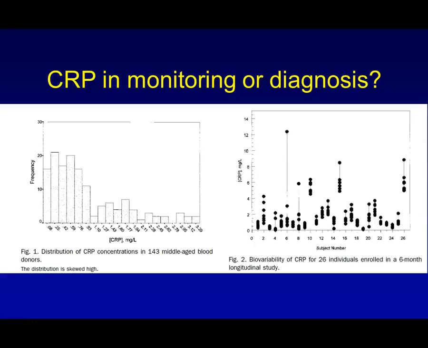We see the distribution in the left panel of CRP concentration in apparently healthy blood donors. There's a huge spread from about 0.08 to 3.29. And if you include healthy subjects for 6 months in a study in which on several occasions the CRP is measured, we see that there is considerable between subject variation and relatively low within subject variation, with some exceptions.